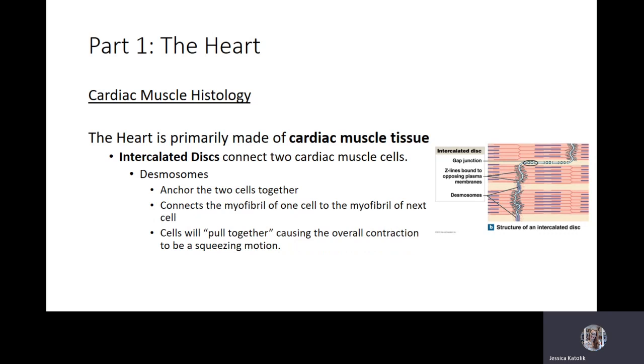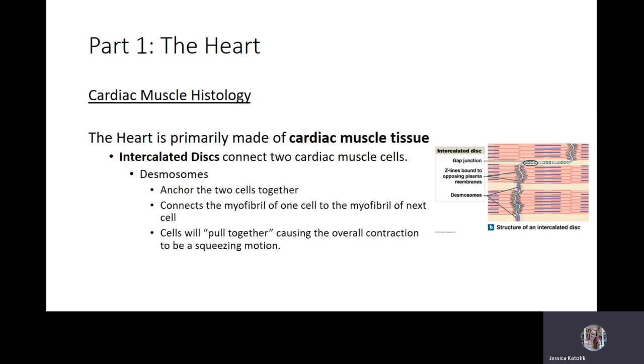The second type of junction is going to be a desmosome. The desmosomes are going to anchor the two cells together, and it specifically anchors between the myofibrils. Remember, within the myofibrils, we have the sarcomeres, and you can see here the shape of the sarcomere with the Z disc, the actin, and the myosin. Notice that the desmosomes will physically attach the sarcomeres or myofibrils between two cells.